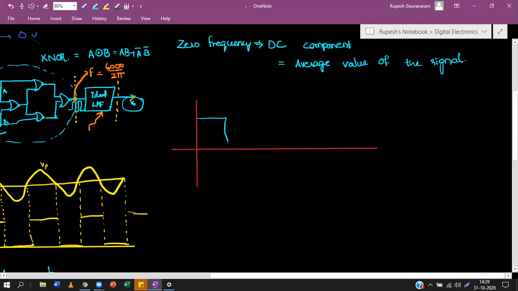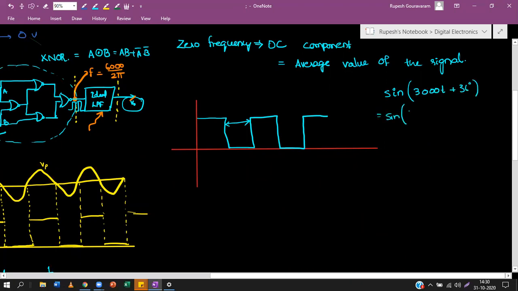Here the signal is a rectangular signal. Okay, rectangular signal. And the gap here is 36 degrees. Okay, so how does it come? It comes from the sine of 3000 t plus 36 degrees.